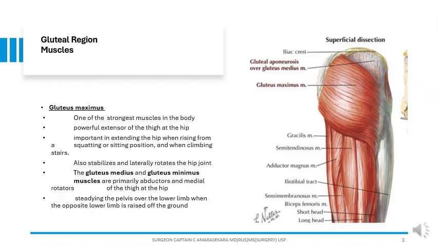Understanding their orientation and function helps correlate symptoms like gluteal pain, gait imbalance, or nerve compression with anatomical findings. Next, we'll explore the deep gluteal muscles, piriformis, obturator internus, and others, and their role in hip rotation, joint stability, and neurovascular relationships.